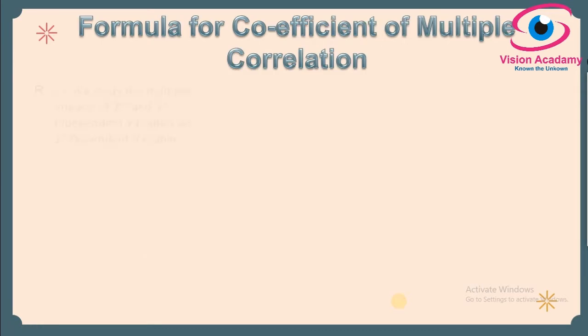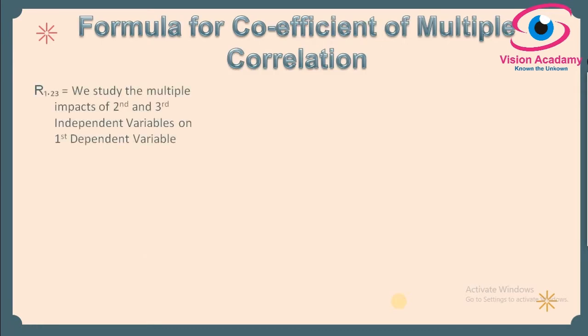So this is the formula for the coefficient of multiple correlation. Firstly, let me consider R1.23. Here 1 is the dependent variable, and 2 and 3 are the independent variables.